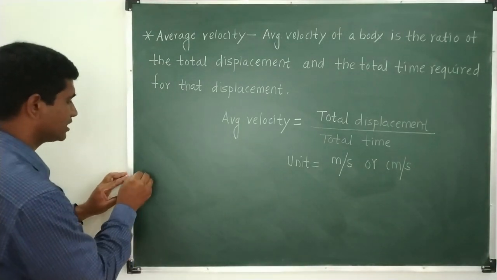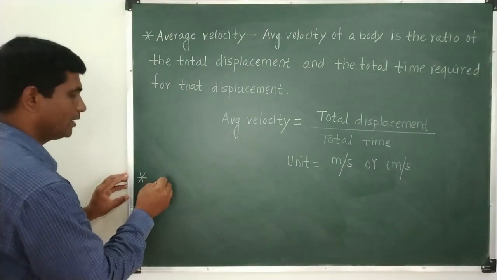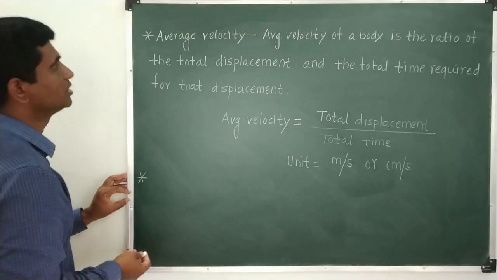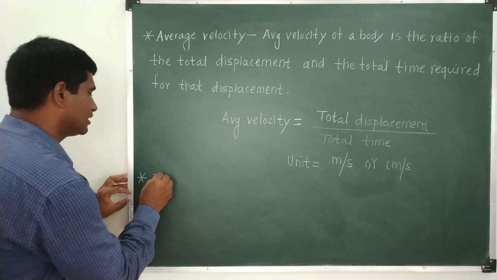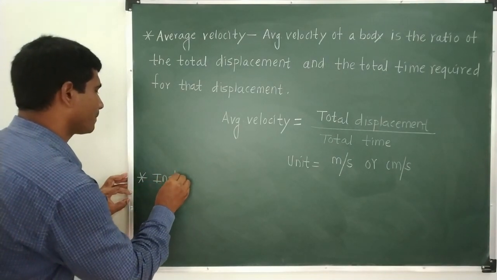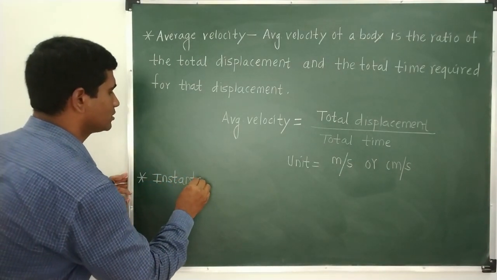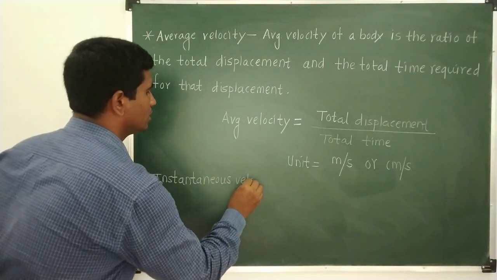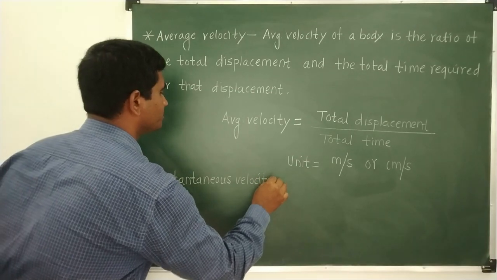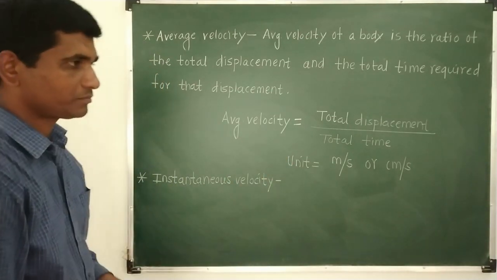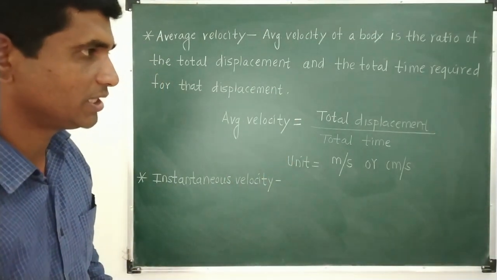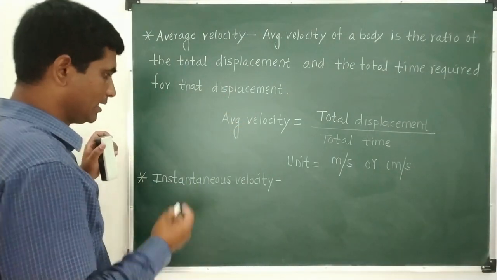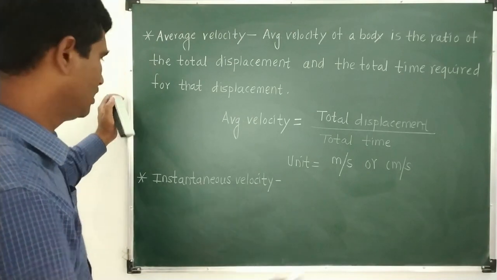Now we have to discuss the next quantity, which is very important, which we will be using while discussing the numericals as well. That is called instantaneous velocity. Okay. So now, what is instantaneous velocity? It is the limiting value of the average velocity. First of all, we will write the definition, then we will see.